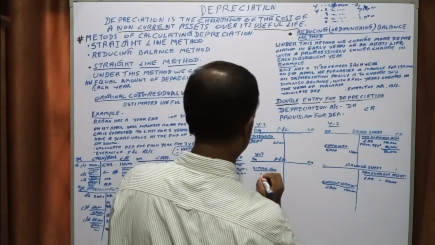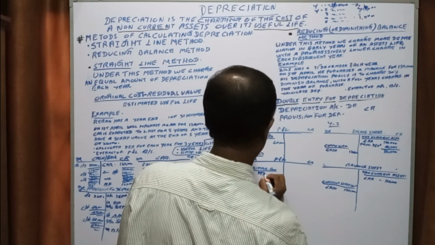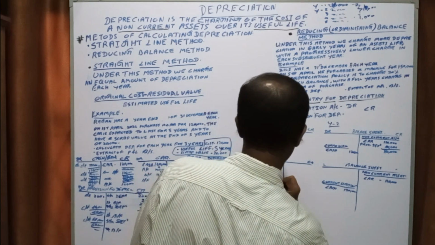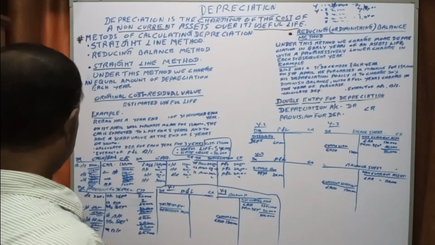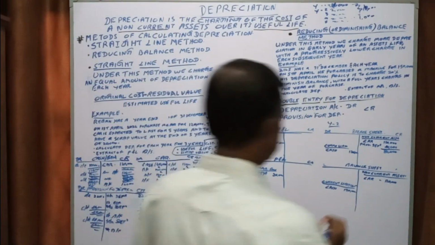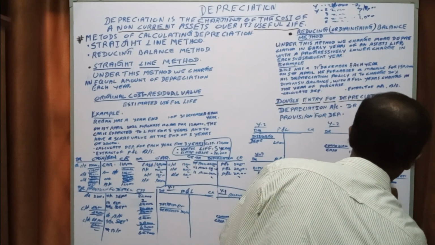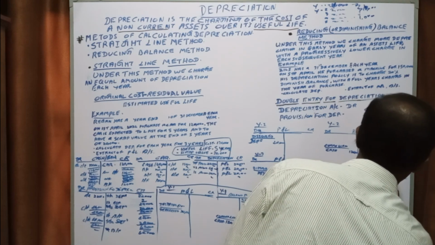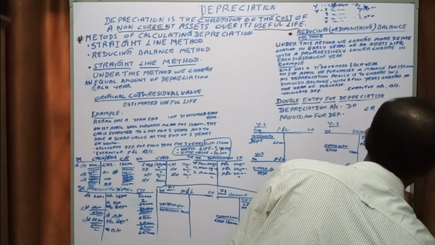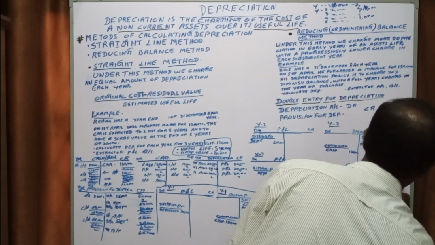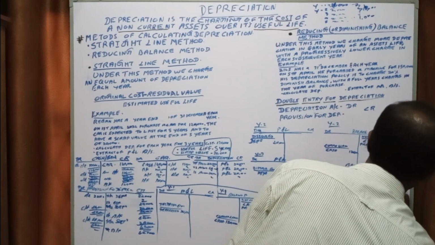Depreciation is charged to P&L, 20,000. Provision for depreciation is 60,000 in year 3, and then we have the balance of 60,000.